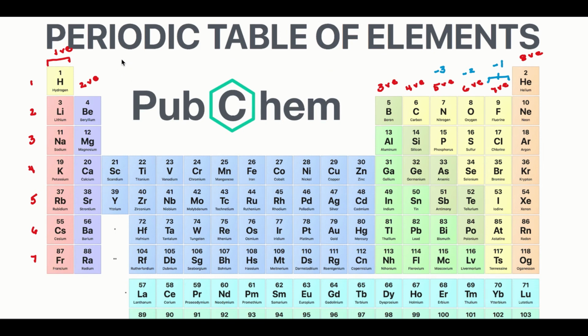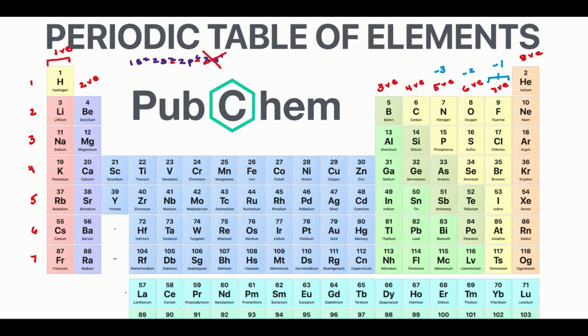Sodium's electron configuration is 1s2, 2s2, 2p6, and then 3s1. Well, it would have to gain 7 electrons, or if you notice, if I just got rid of the 3s1, I now will have 2 plus 6, I'll have 8 valence electrons, and so it will have the electron configuration of a noble gas, and it will be stable.